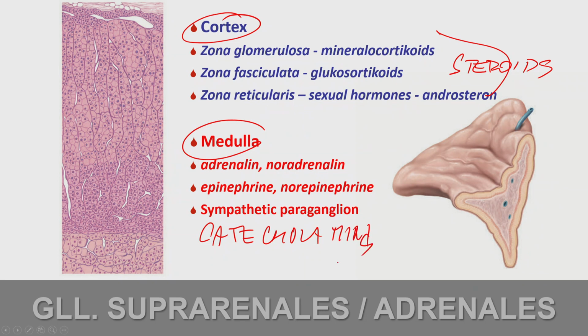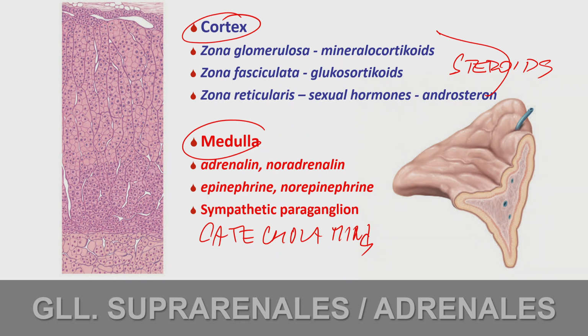What's adrenaline and noradrenaline? The same names. We in the middle of Europe use adrenaline, noradrenaline. And some of you are from Germany. Germans use also adrenaline, noradrenaline very frequently, but also they use epinephrine. But in our country epinephrine is not used.